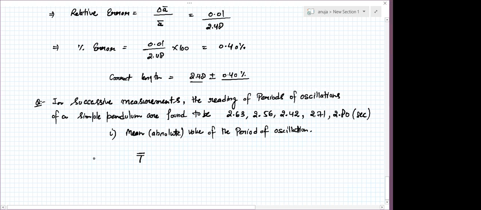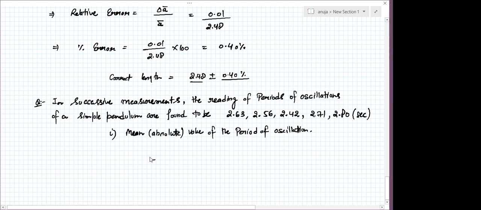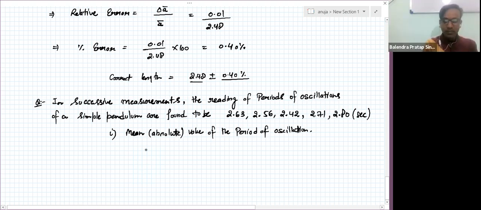Is it necessary that we should use T or something else? No, it's not necessary. You can use any symbol, like A. A bar or A mean you have to find. So you use the formula A1 plus A2 plus A3 plus A4 plus A5 divided by 5.